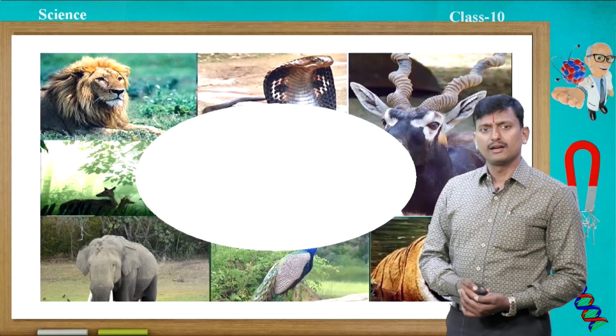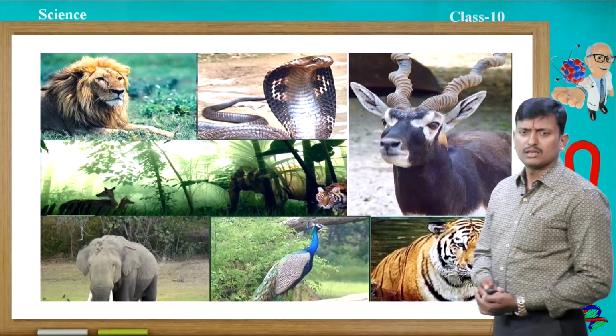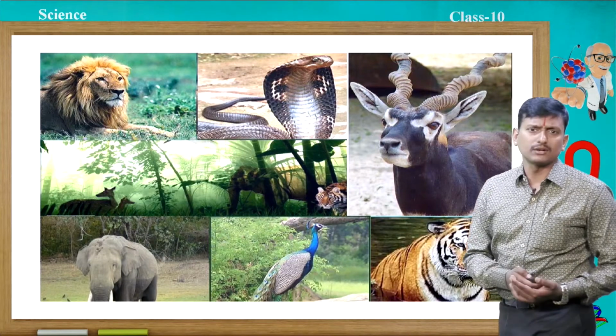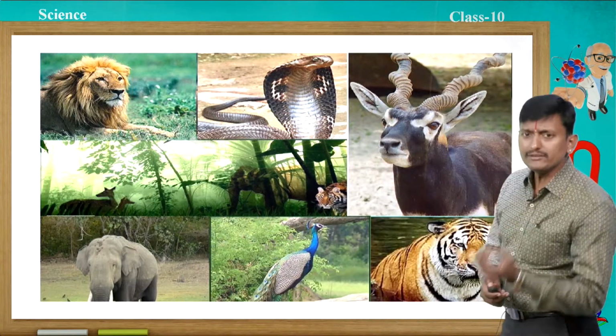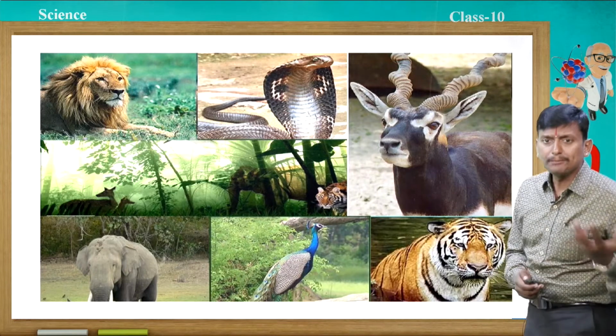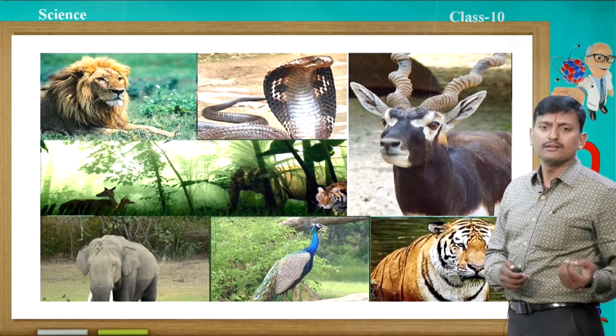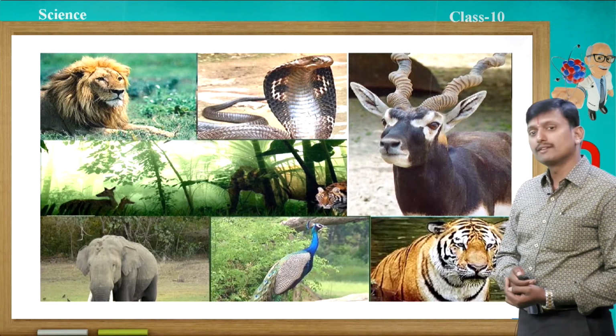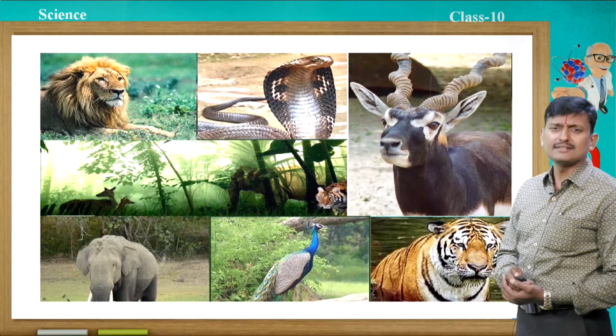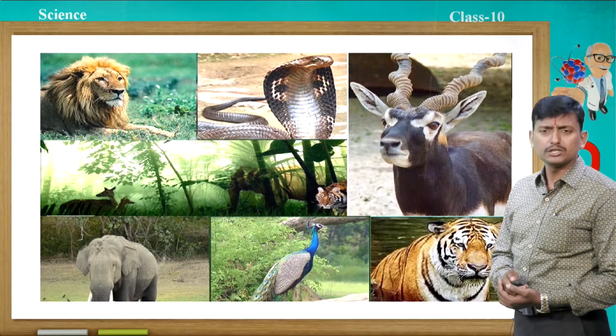See, look at the picture. You are seeing different types of animals in this picture. Can you identify which is the important animal for the environment? Students, each and every animal, bird and insect is very important to the environment.